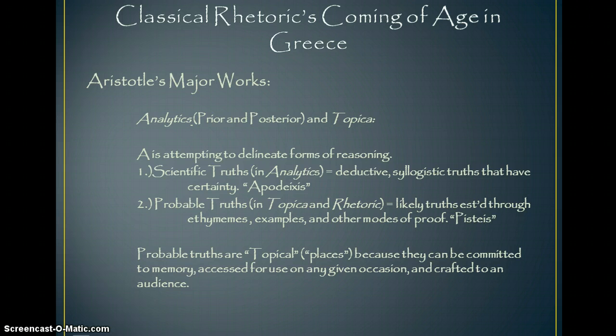They don't argue about that. That's certain. That's not probable. When we're dealing with probable truths, there are forms of proof for probable truth arguments, pisteis, that's what those are called, and these are able to be memorized, able to be accessed, and able to be crafted for a particular audience.